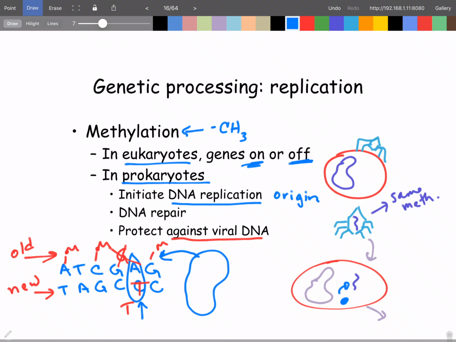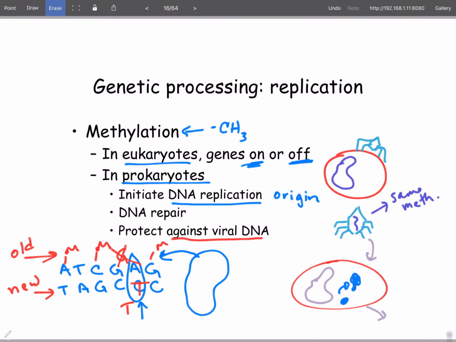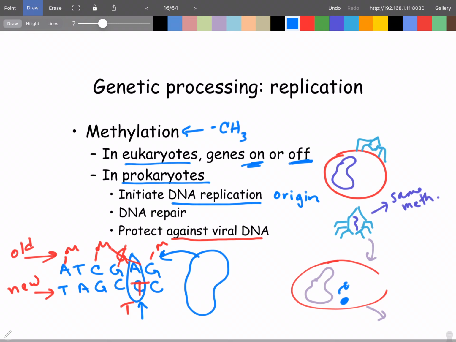Because it's not the same methylation pattern as the host DNA, they are going to be able to chew it up and destroy it. So they're going to be able to degrade this viral DNA. So it's almost like an immune response of the prokaryotes, their ability to digest DNA that was made in a foreign host. Okay, so methylation can help protect against viral DNA.